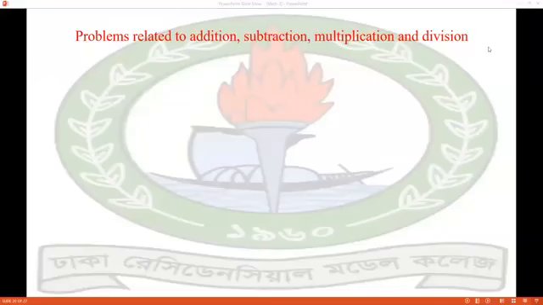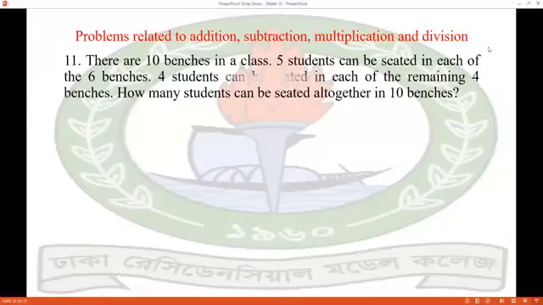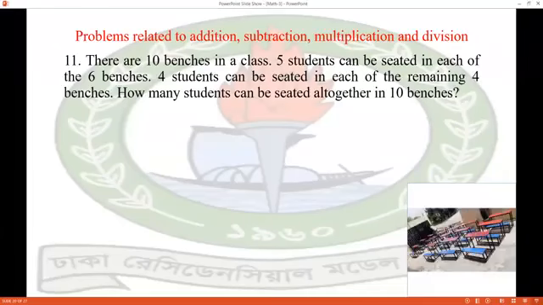Problem number 11: there are 10 benches in a class. 5 students can be seated in each of 6 benches, and 4 students can be seated in each of the remaining 4 benches. How many students can be seated altogether in 10 benches?